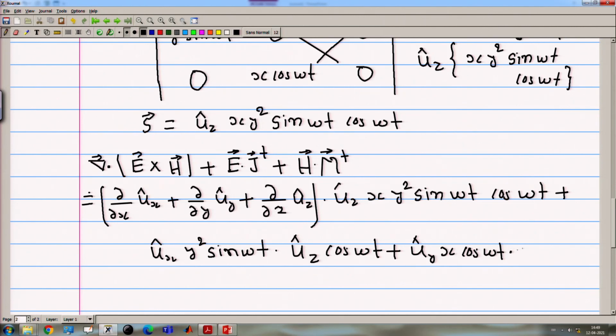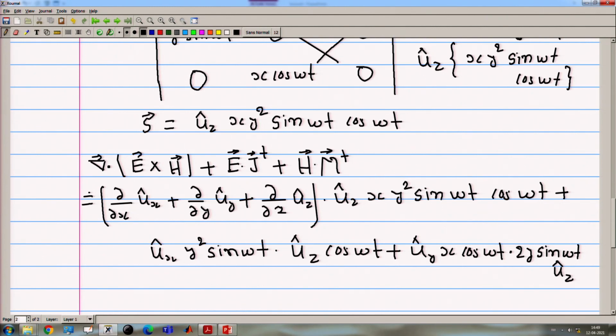M t is 2 by sin omega t into u z. So, in the first part we can see u x dot with u z will be 0, u y dot with u z will be 0.